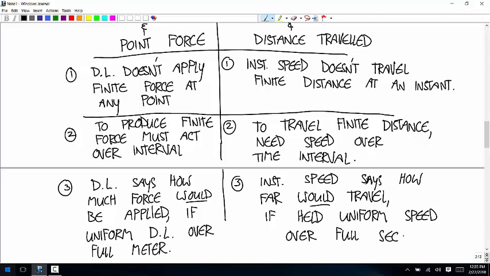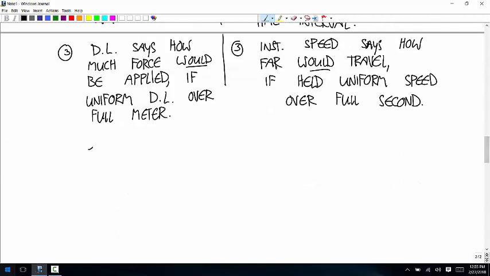Okay, so for example, if you're going 50 miles per hour and you hold that speed of 50 miles per hour for a full hour, you're going to go 50 miles. If you're going 30 meters per second and you hold that for a full second, you'll go 30 meters.